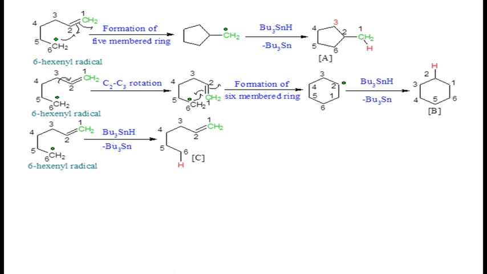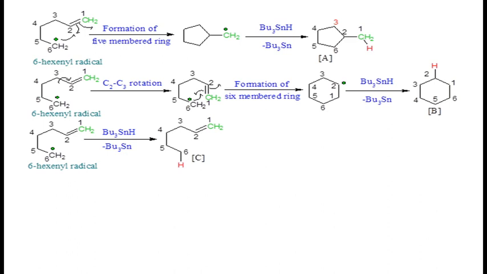Diels-Alder reaction. When anyone asks how will you synthesize 5-membered ring compounds, you should tell that we will use free radical reactions. I think that you have understood all the points.